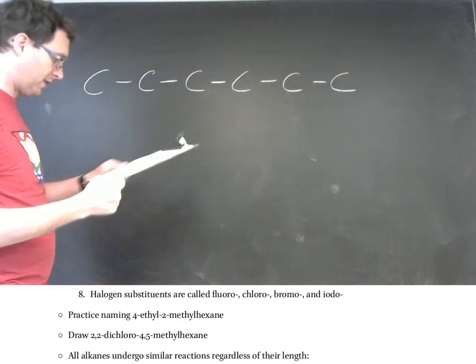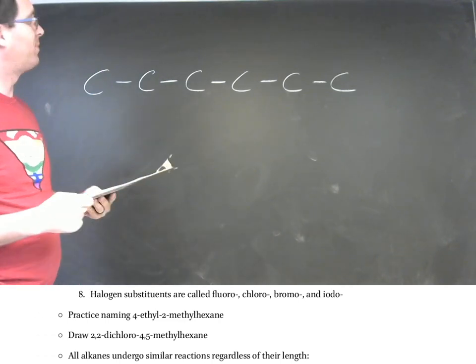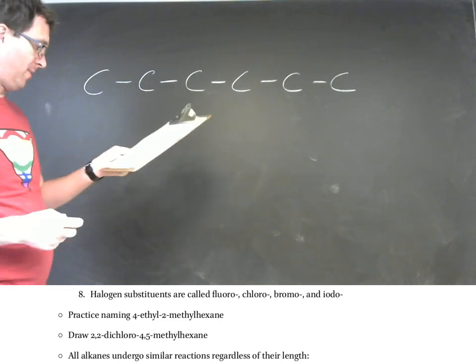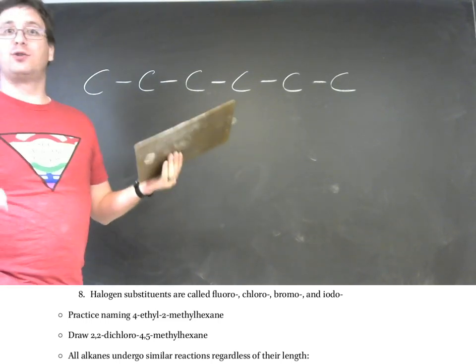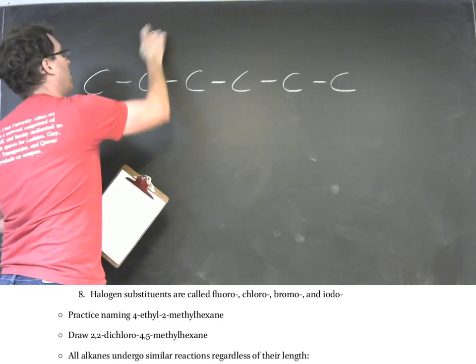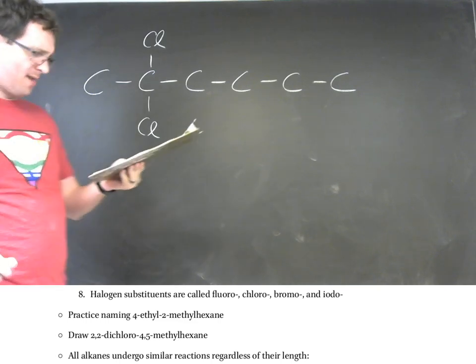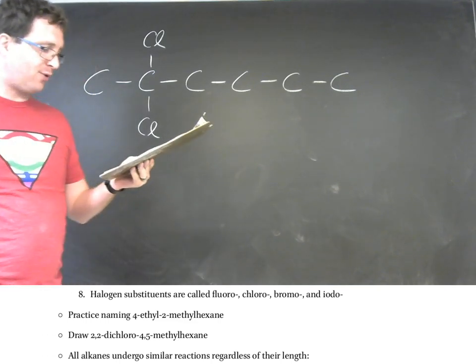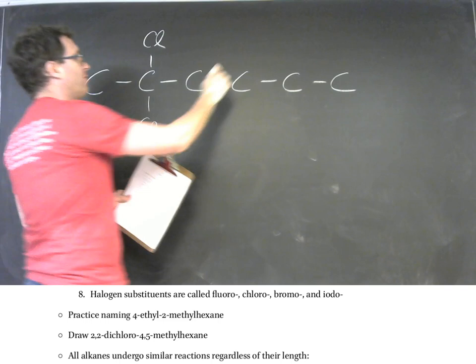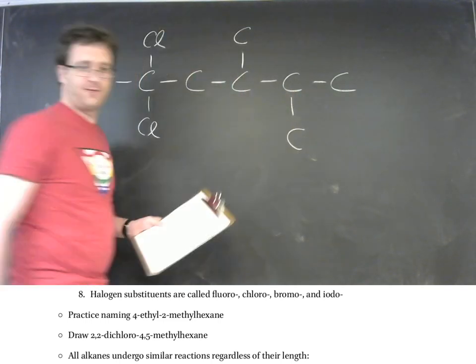Okay, and then let's look at what substituents or branches make up the rest of this molecule. Dichloro means I'm going to put 2 chlorines. Where am I going to put them? Both on the second carbon, Cl, Cl. And then I've got 2 methyl groups, one of them on the 4th, and one of them on the 5th.